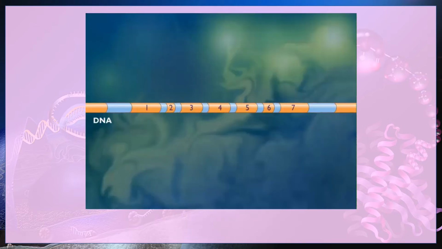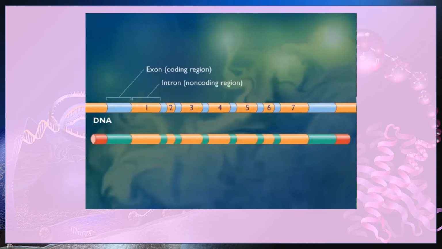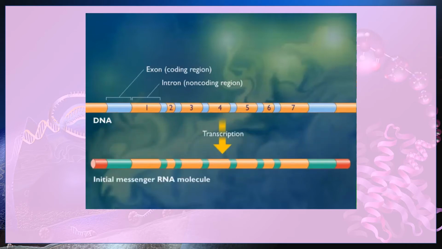Most eukaryotic genes are composed of numerous short coding sequences called exons, interspersed between long stretches of non-coding sequences called introns. The initial messenger RNA molecule copied from a gene includes introns as well as exons.